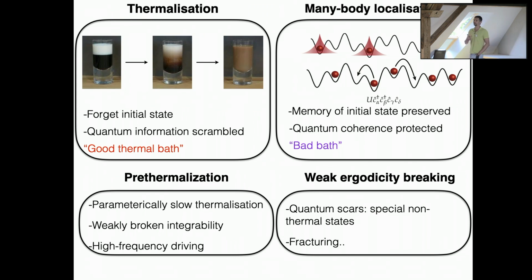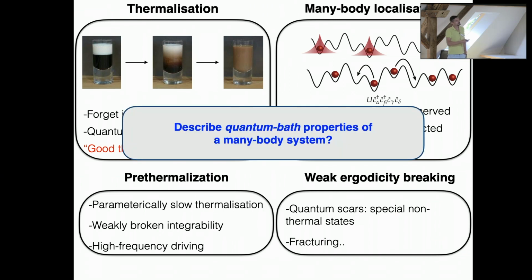On the opposite end of the spectrum, we have many-body localization, where quantum coherence is preserved locally, and you say that this is a bad bath. It cannot thermalize its parts. Then there are other things like pre-thermalization and weak ergodicity breaking, which are somewhere in between. But in a way, I want to take this idea of describing a many-body system as a bath in the most literal sense, and that's accomplished using influence functionals.